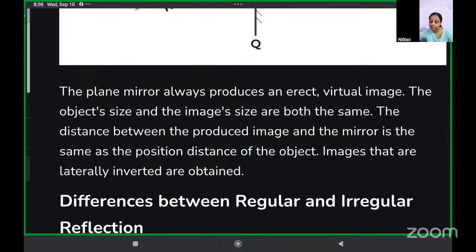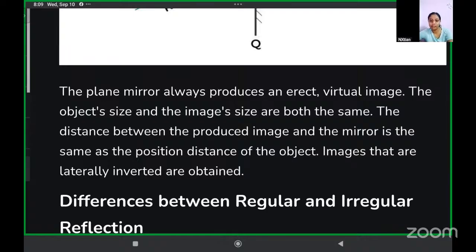The distance between the produced image and the mirror is the same as the distance of the object. Images that are laterally inverted are obtained. That means the virtual images are erect, and real images are inverted.